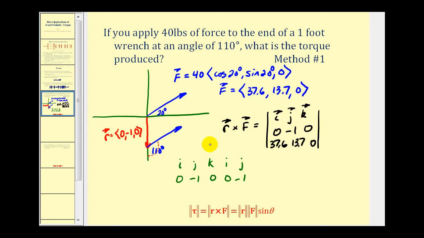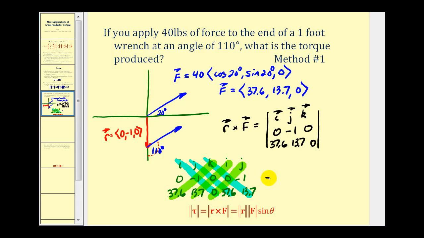And the third row is going to be 37.6, 13.7, 0, 37.6, and 13.7. Now we'll find the product of these diagonals, 1, 2, 3. Then find the product of these diagonals. We'll take the sum of the blue products and subtract the sum of the green products.